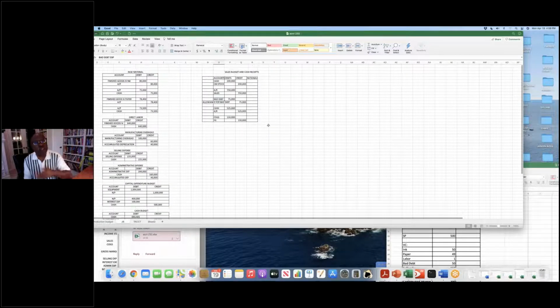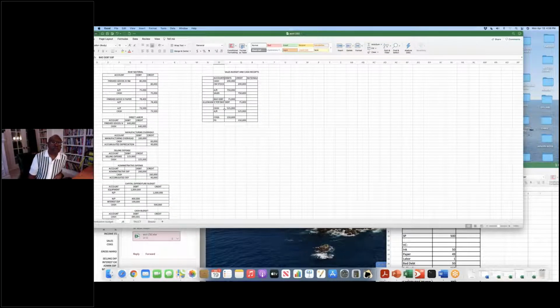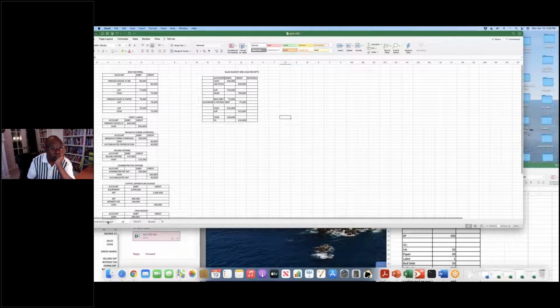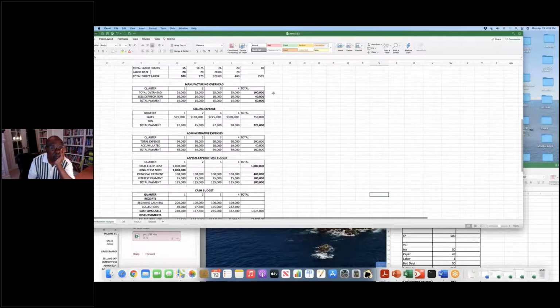As I look at the journal entries, you have these, 470. Labor, how much should that be? Direct labor. Oh yeah, I'm going to have to change those too. Direct labor should not be that much.